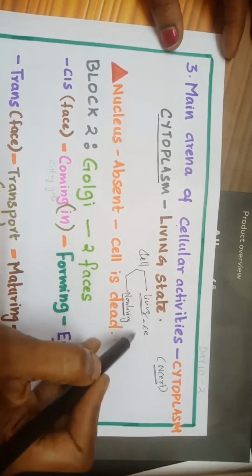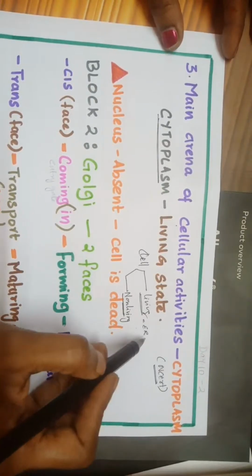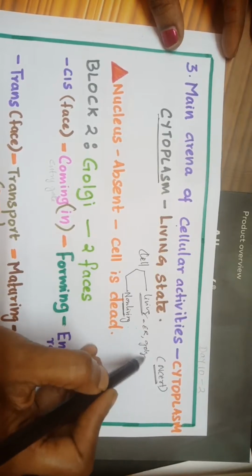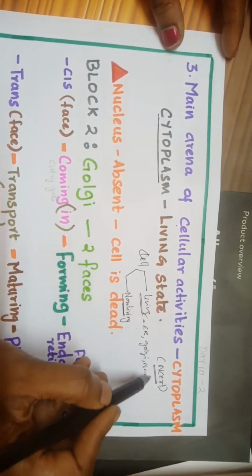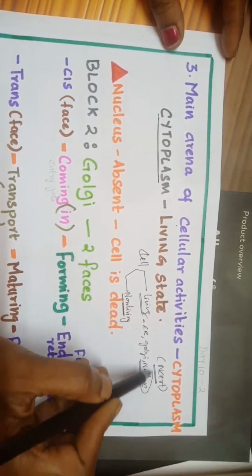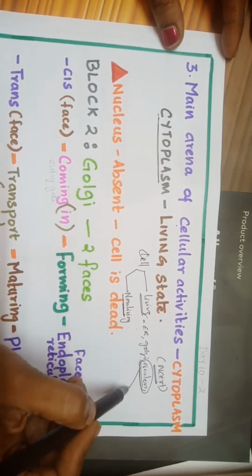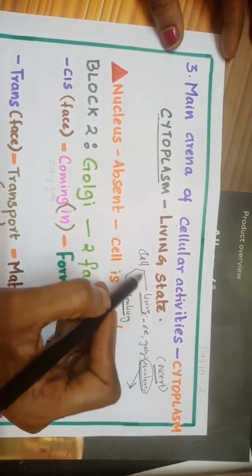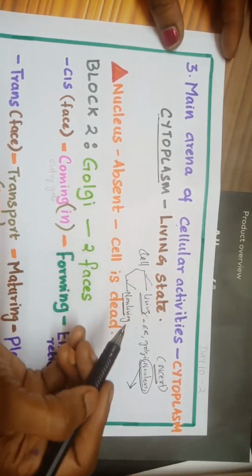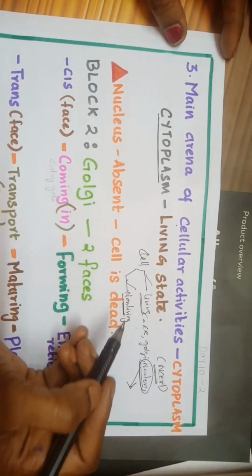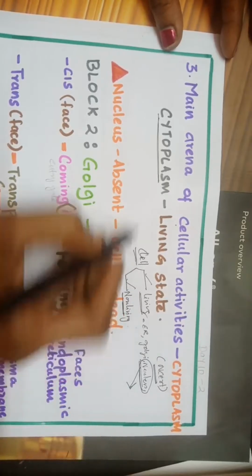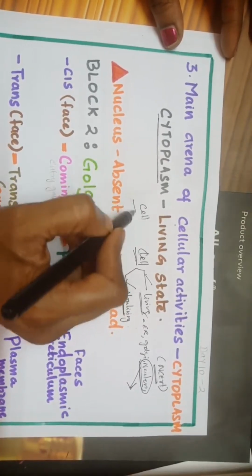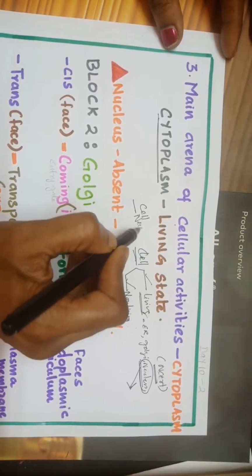Suppose you take off the endoplasmic reticulum, is it living or non-living? Suppose you take off the Golgi, take off the nucleus from the cell, which is the very important command center of the cell. Suppose I remove the nucleus from the cell. Do you say living or non-living? If you know the answer, type it in the comments. Suppose there is a cell without a nucleus, what do you call that cell?